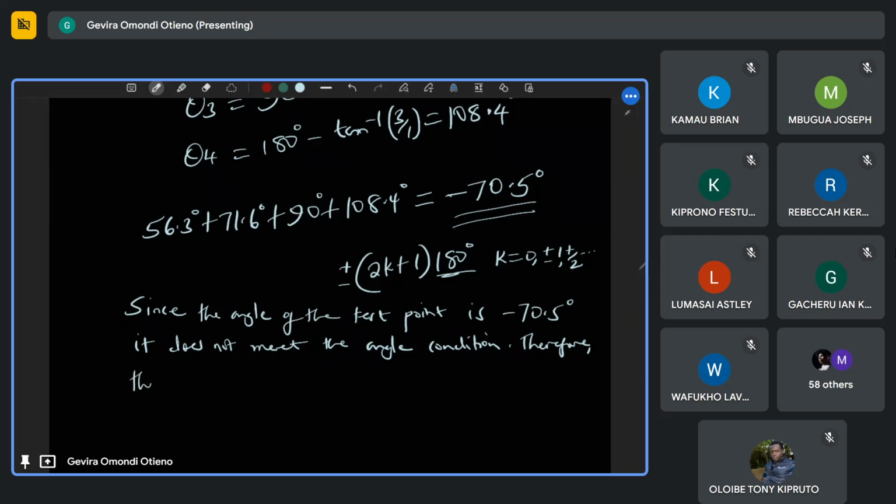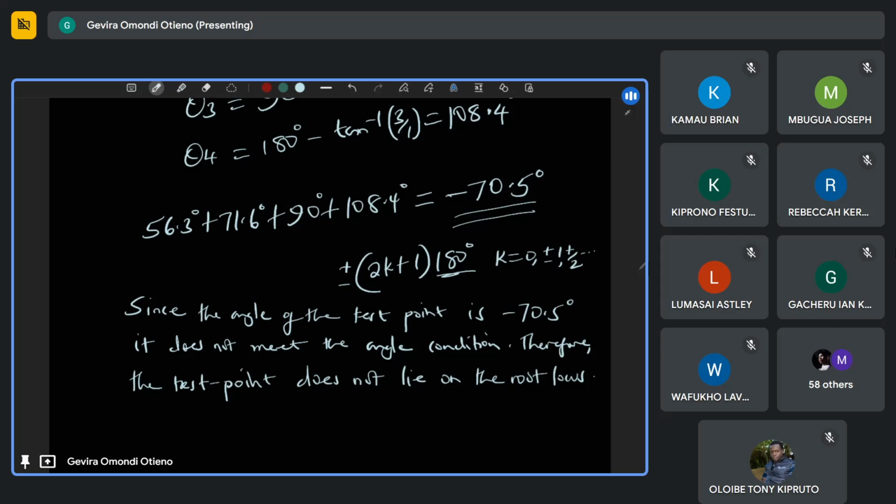Therefore, the test point does not lie on the root locus. And you leave it at that point.